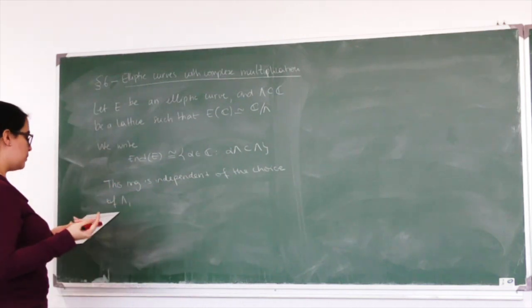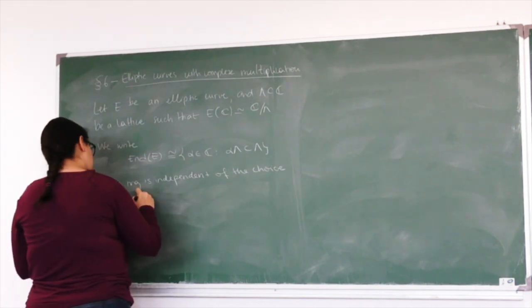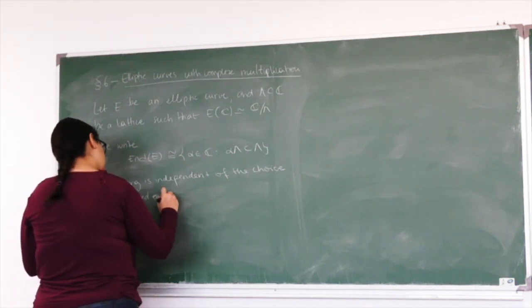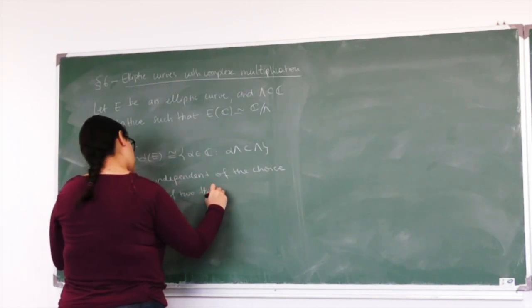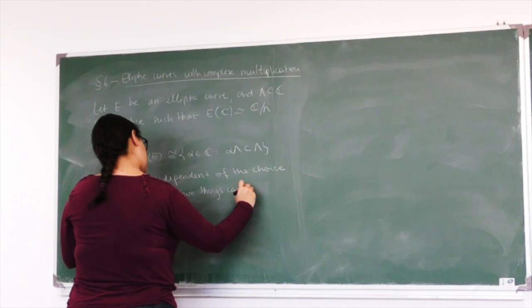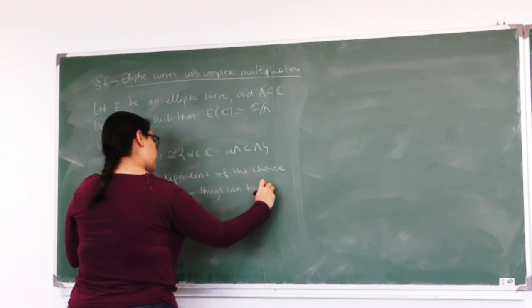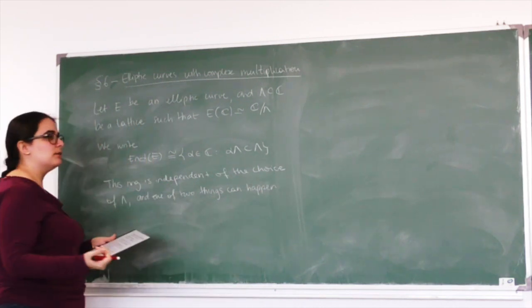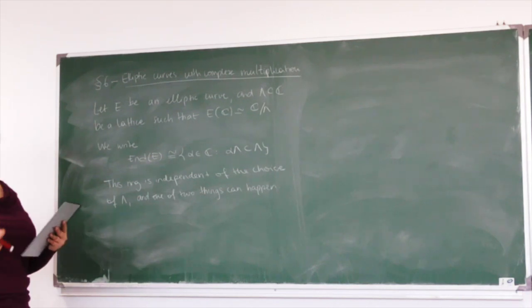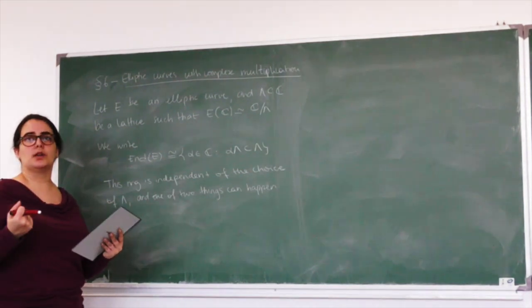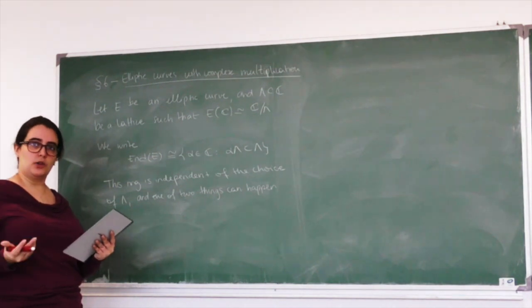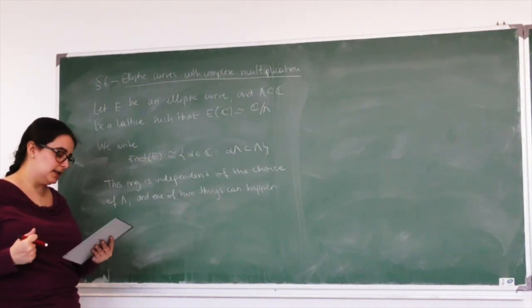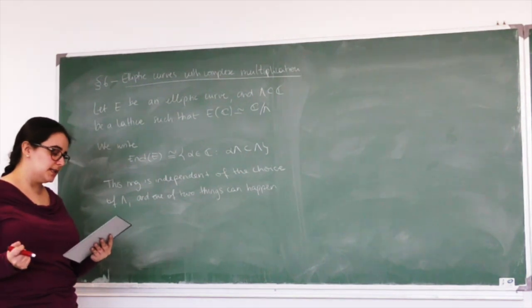And we can have one of two things. Well, we already talked a bit about the multiplication by n map on elliptic curves. We will see it in more detail in the next session when we talk about abelian varieties.